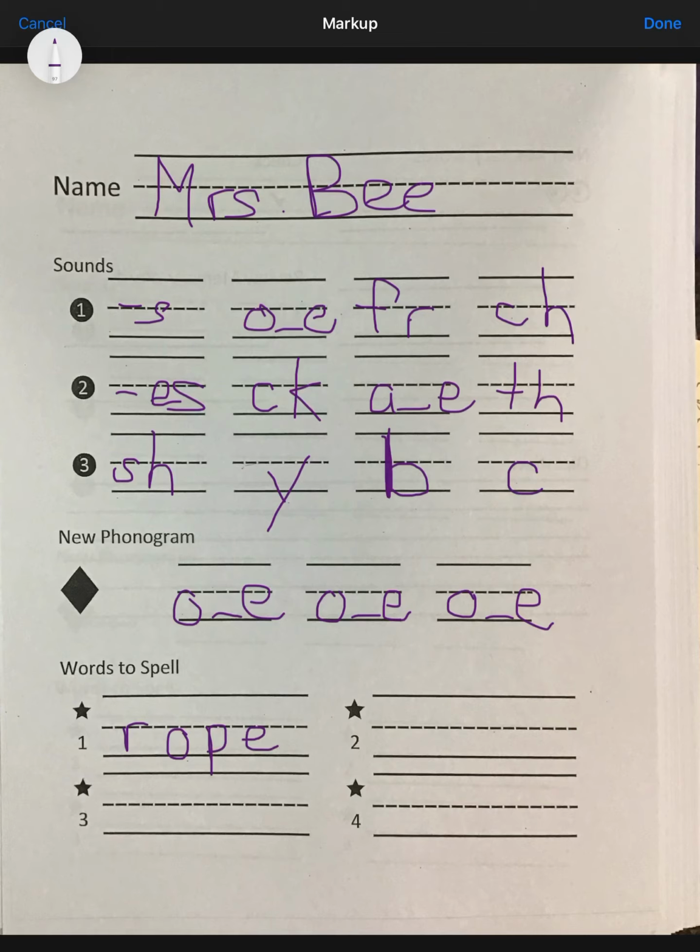That first sound is H. Good job. Oh, well, that's pretty easy. It says its name. And my kindergarten friends just reminded me that the magic E needs to be at the end. Home.